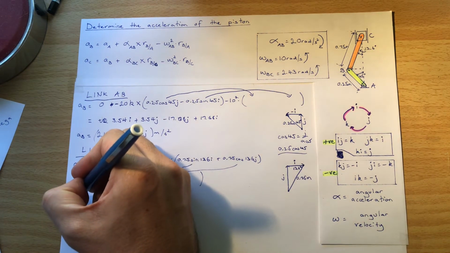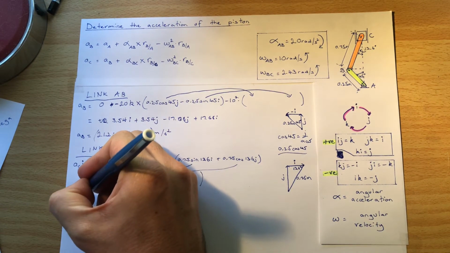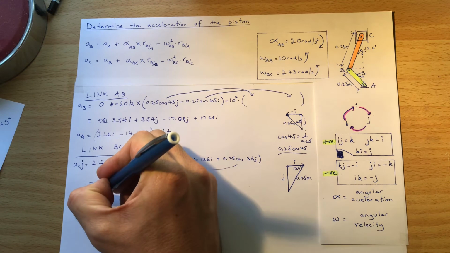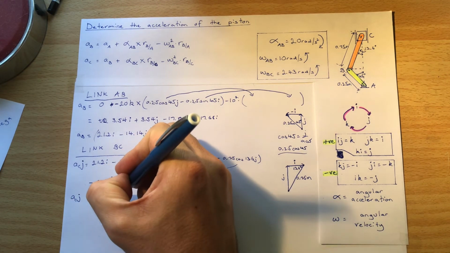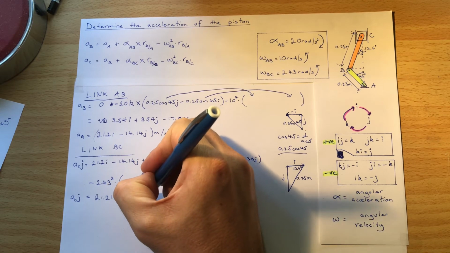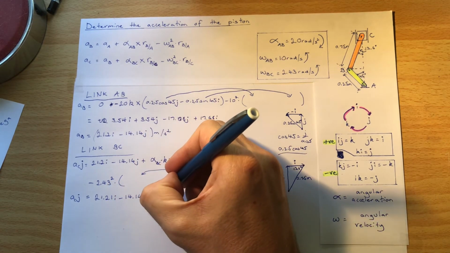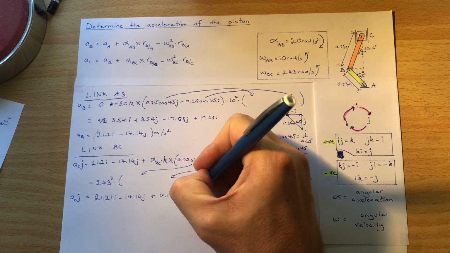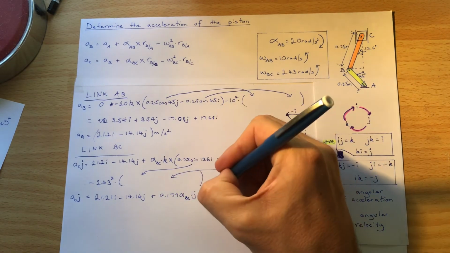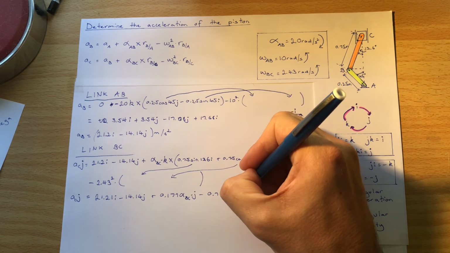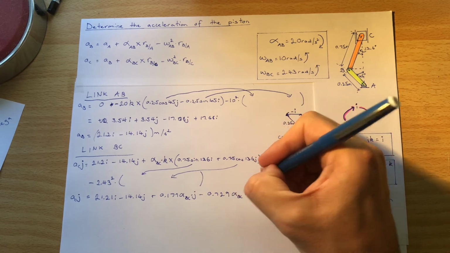So acceleration of point C is a j component. And once we add all these together, we end up with 21.21i minus 14.14j plus 0.177 angular acceleration at BC of j minus 0.729 angular acceleration at BC of i.